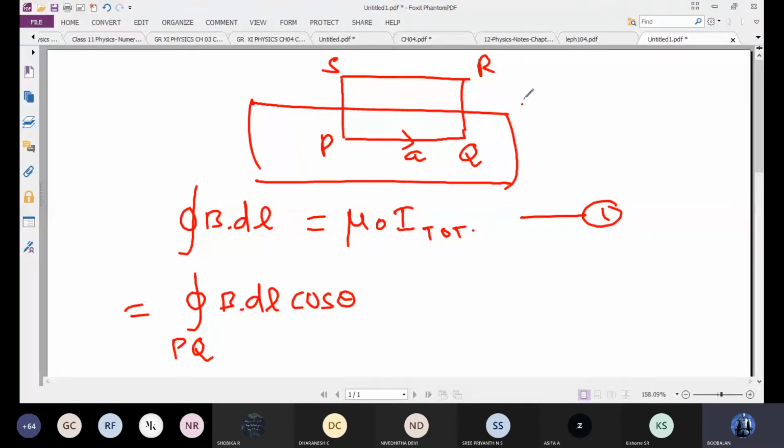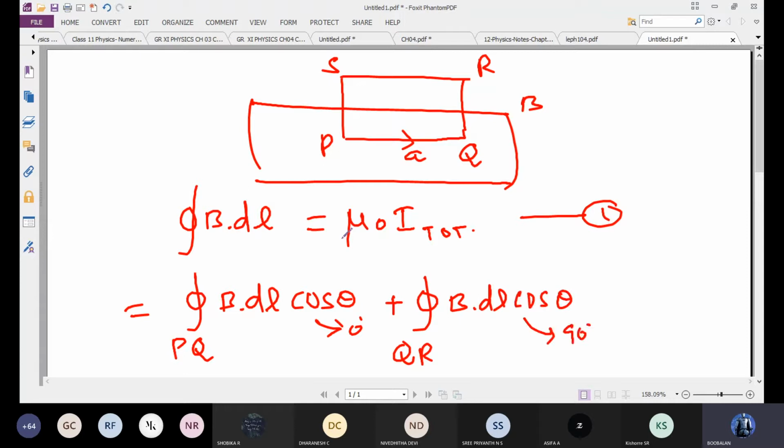Next, closed integral QR of B dot dl cos theta, where theta is 90 degree. dl and B make an angle of 90. Third, closed integral RS of B dot dl cos theta, where theta is 0 degree.